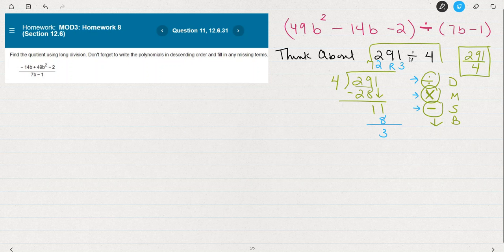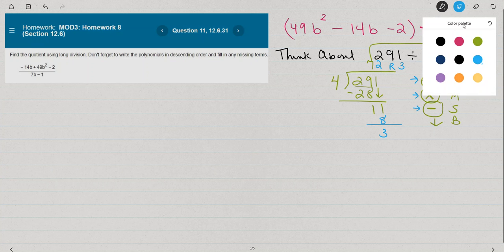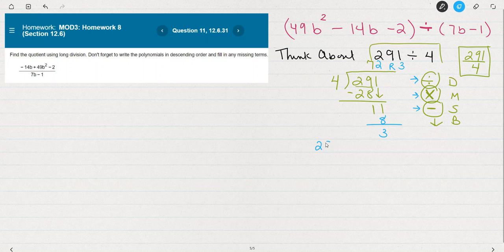Now another way I could actually write this looks like this. I could say 291 divided by 4 is equivalent to 72 plus the remainder 3 over the divisor 4. So it's 72 and 3/4.